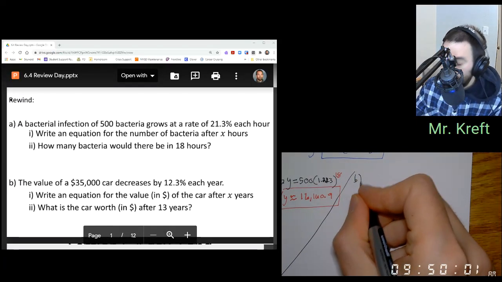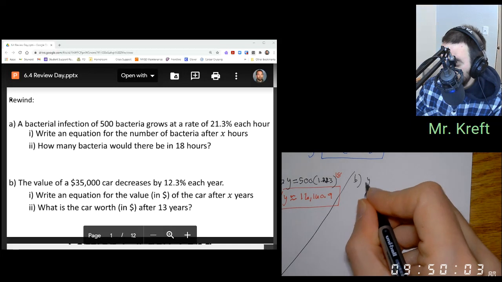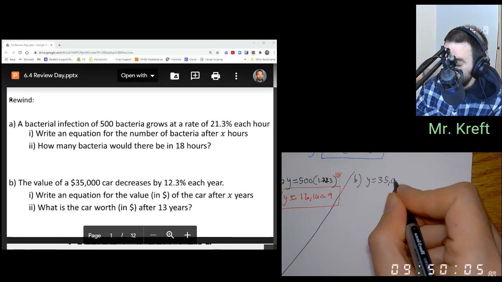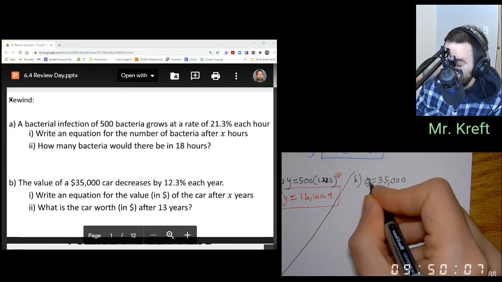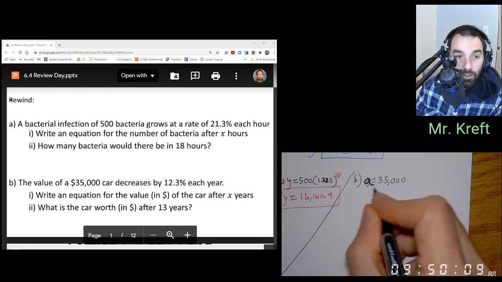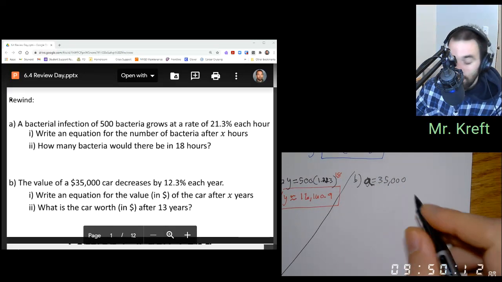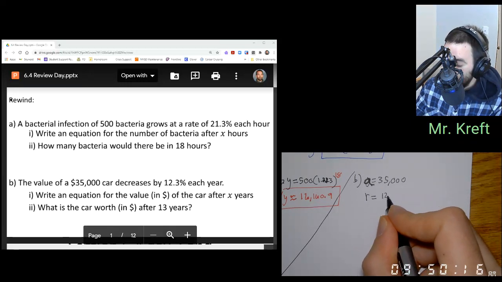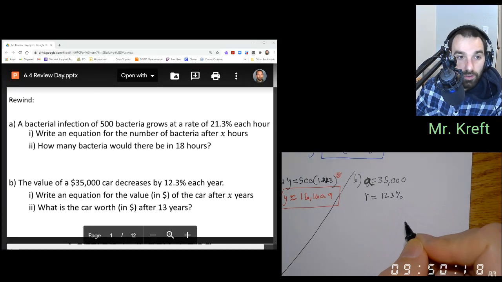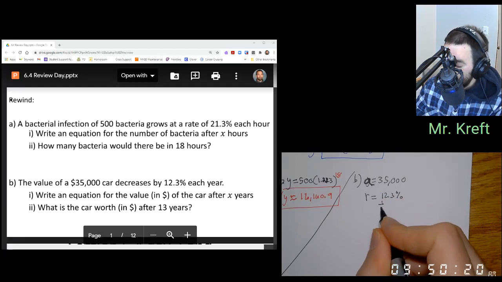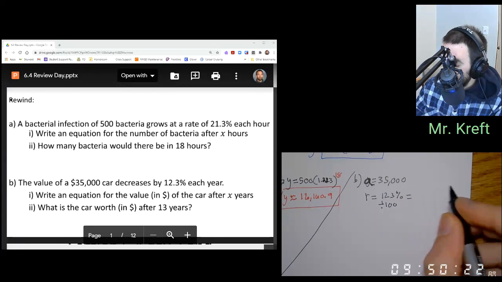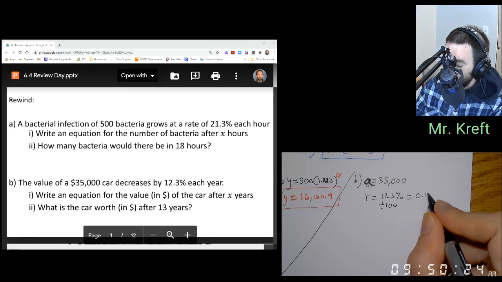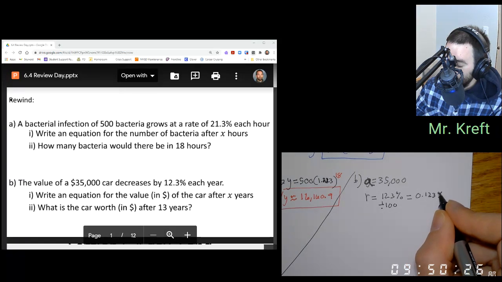So the next one, part B. We are told that we have a car worth $35,000. So my A is 35,000. And it says we're decreasing at a rate of 12.3%. So if I divide this by 100, that is 0.123.